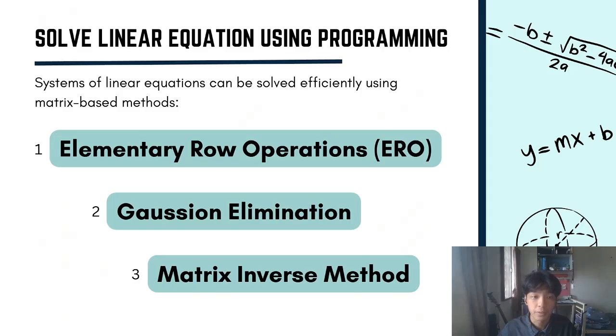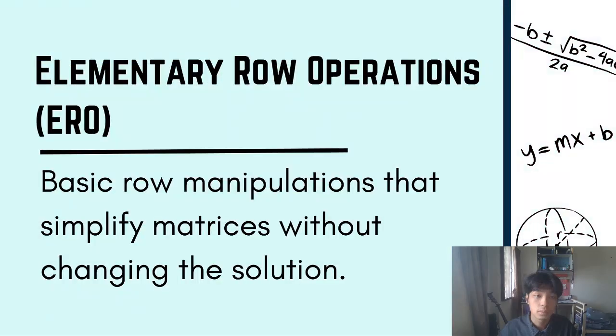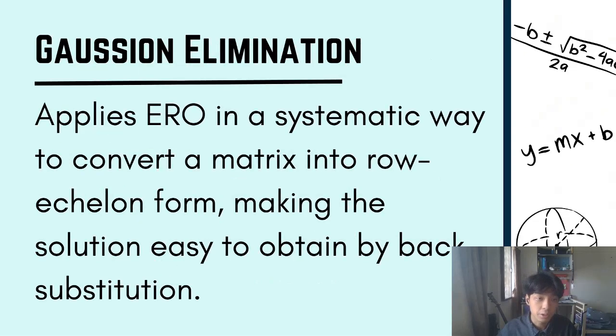Let me briefly explain these three methods. First, elementary row operations, ERO. Basically, these are basic row manipulations that simplify a matrix without changing the solutions. Next, Gaussian elimination. This method applies ERO in a systematic way to convert a matrix into row echelon form, making the solution easy to obtain by back substitution.